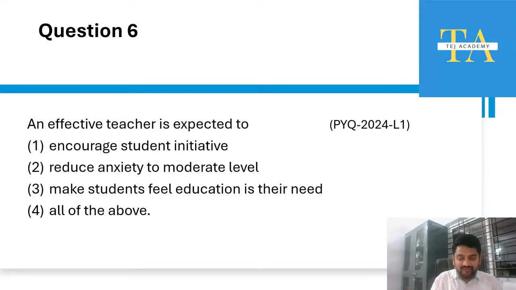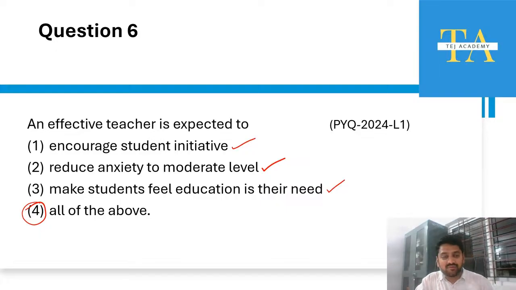Again, an effective teacher's role is all of the above. He will encourage the students to take initiation and do the task, reduce anxiety to a moderate level, maintain the stability, and make the students feel education is their need.